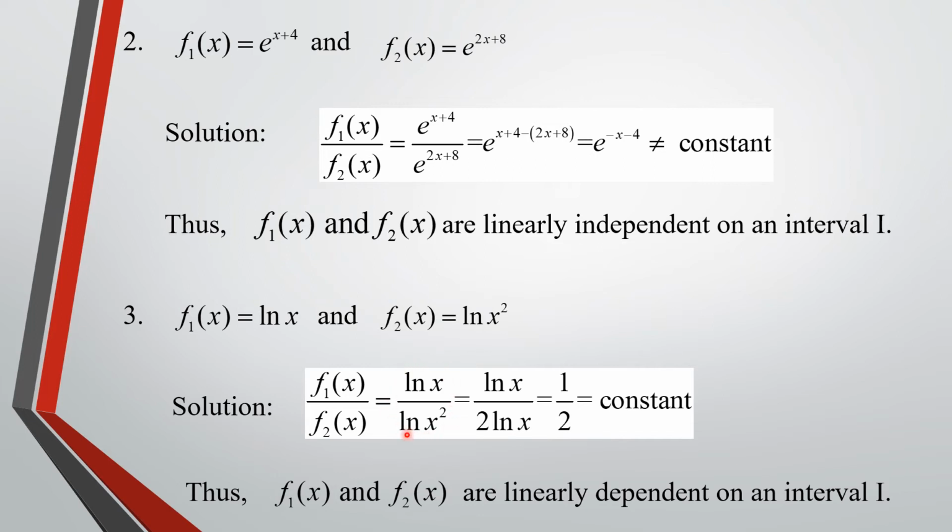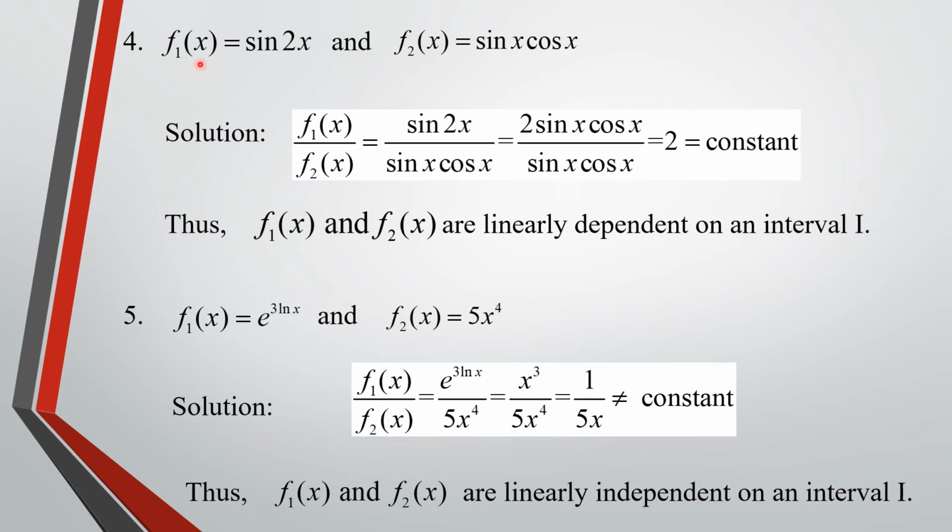Notice the denominator can be rewritten in the form of 2 ln x. We apply the law of logarithm. And we have a common function at the numerator and the denominator. Ln x appears at the numerator as well as the denominator, so you can cancel this ln x. And the result is a half, which is indeed a constant. So we conclude that f1 and f2 are linearly dependent on an interval I.